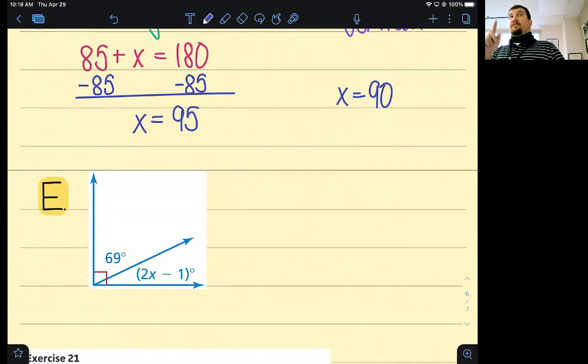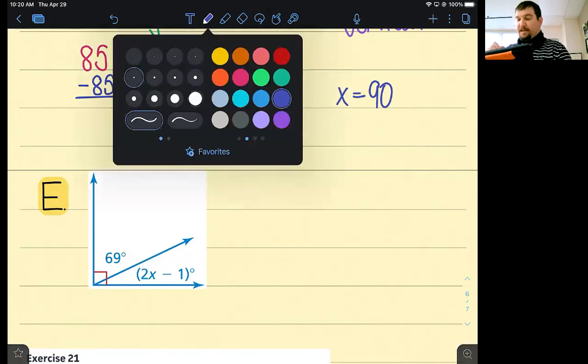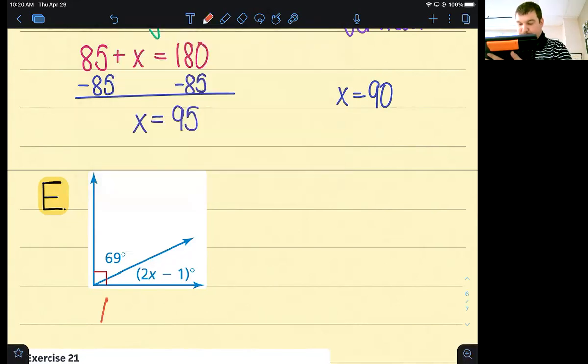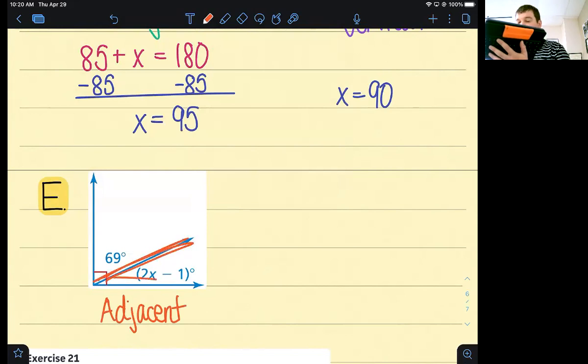Okay, I didn't do this one with you yesterday. Those two angles, adjacent or vertical? They're adjacent. They're next to. Okay. They're adjacent, which means they share this common border. Together, if you add the angles together, it looks like you're going to get this right angle here.